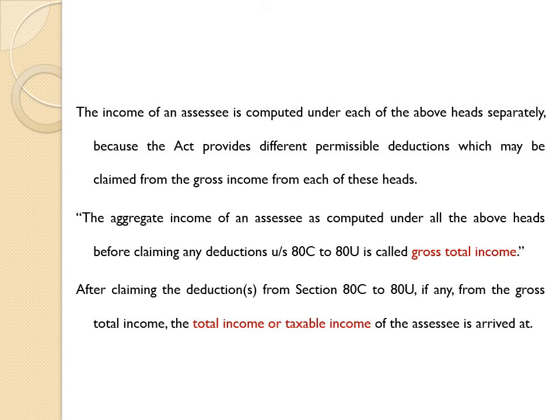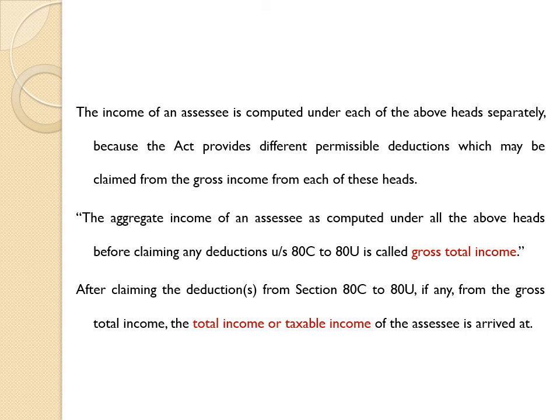The income of a head before deduction is termed gross income, and after deducting the deductions given for that head, that income becomes the total income or taxable income of that head. It means that income of each head is computed separately.